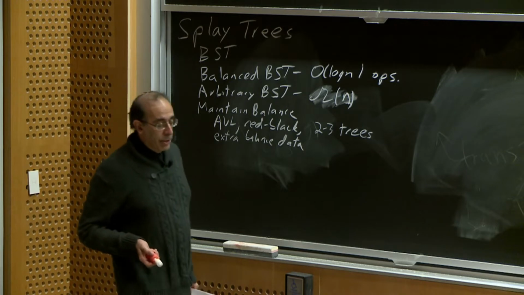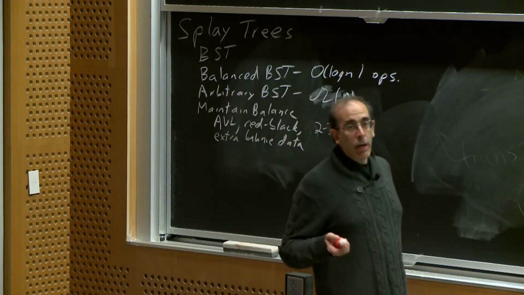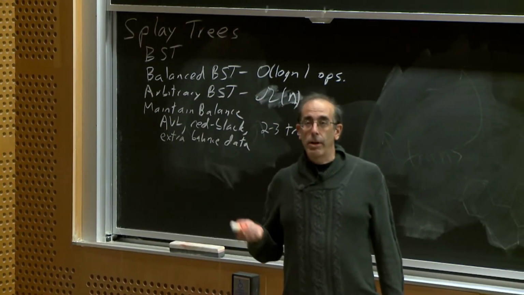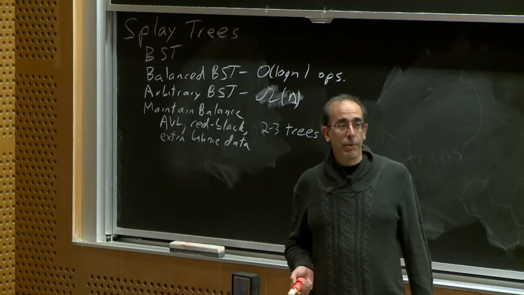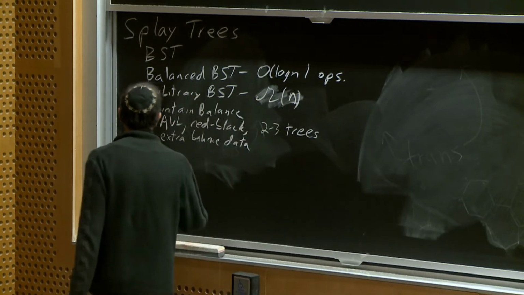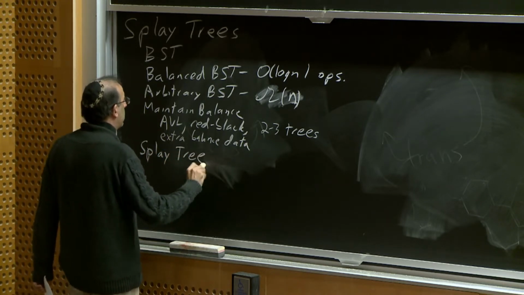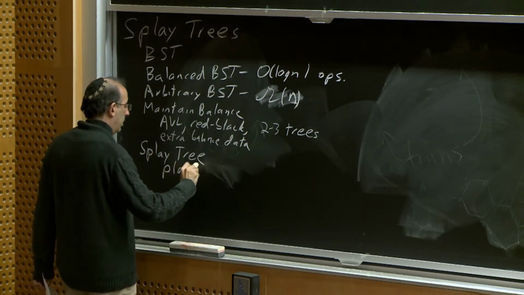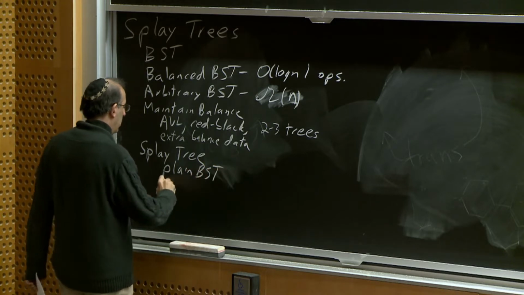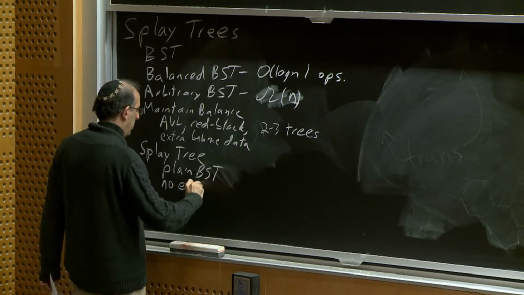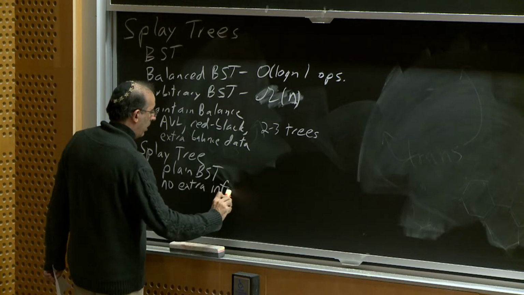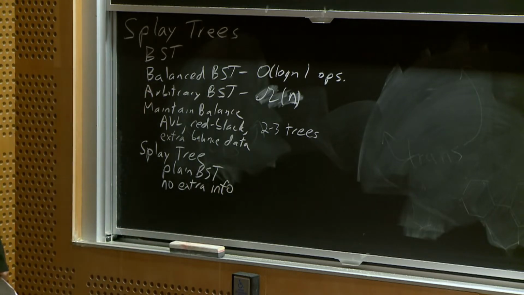The amazing thing about Splay trees is they say, we're not going to bother with any of that. Our Splay tree is just going to be a binary search tree with no extra info. So a node of this data structure is just a node with 2 children pointers and a key. Okay?